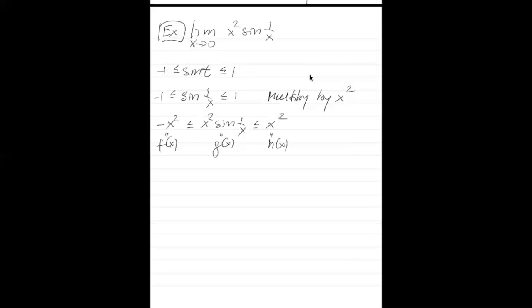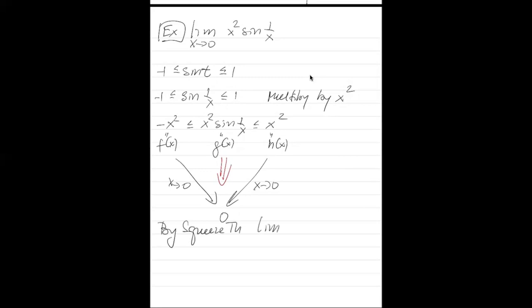So I'm going to let x go to 0. If x goes to 0, x squared goes to 0, and so does -x squared. Then the middle function has nowhere else to go, but goes to 0. So by the squeeze theorem, the limit of our middle function when x goes to 0 is 0.